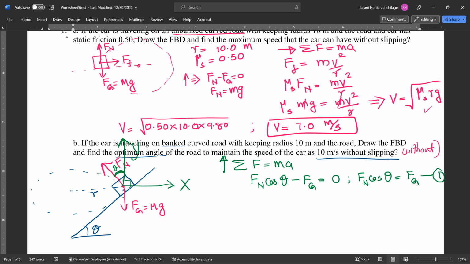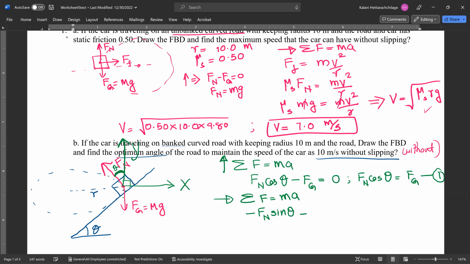And then I'm going to write net force equal mass times acceleration towards x direction. Now towards x direction, net force I have is, you see that normal force has the force towards the negative x direction, right? So that will be negative Fn sine of theta, right?